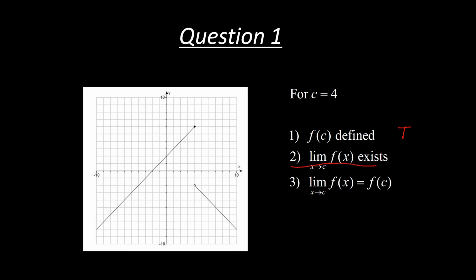How about the two-sided limit? Does that exist? Well, if we look at the two-sided limit, if we approach from the left, we'll be at this height. And if we approach from the right, we're going to be at this height down here. And these don't equal. So this is false. The two-sided limit does not exist at 4.